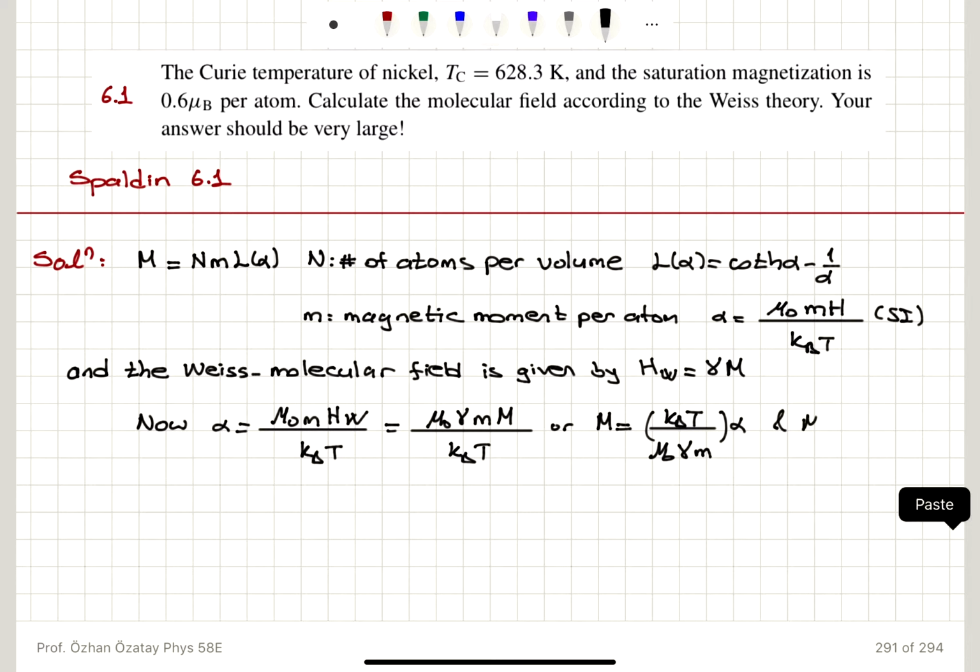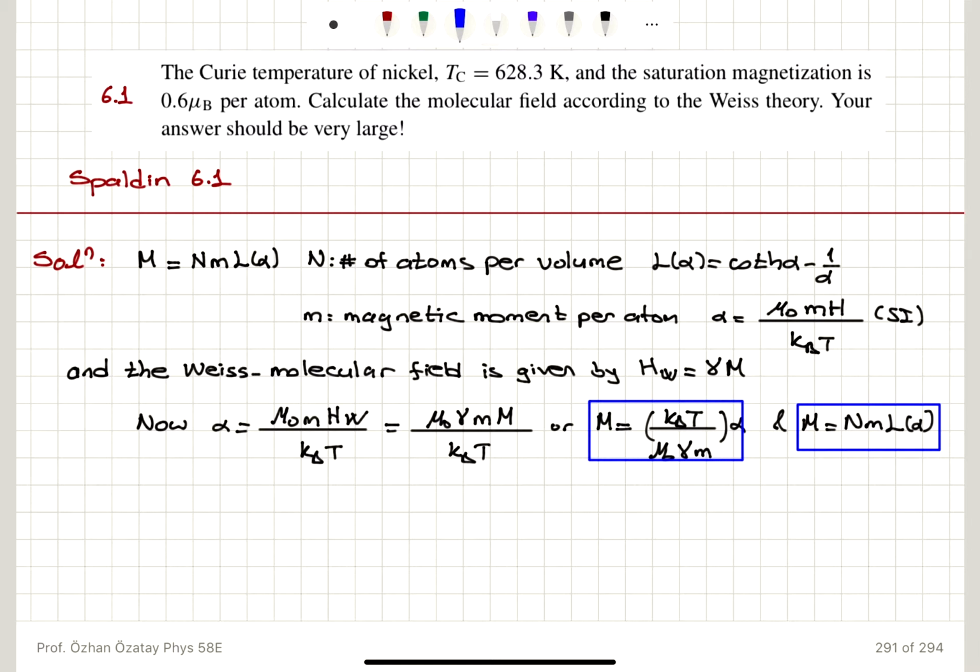And magnetization is also equal to capital N m times the Langevin function. So we have two descriptions of magnetization as a function of alpha. Let's call this equation 1, this is equation 2. So these two equations should be simultaneously satisfied.